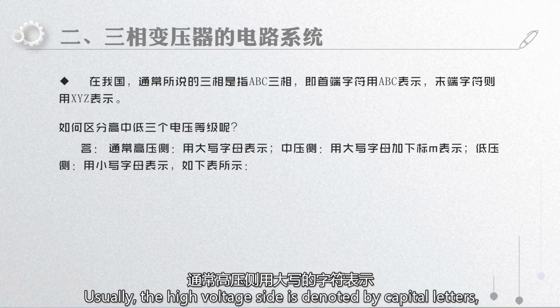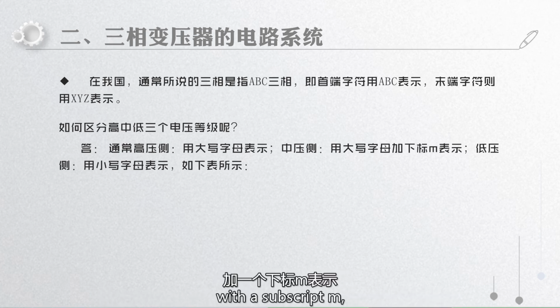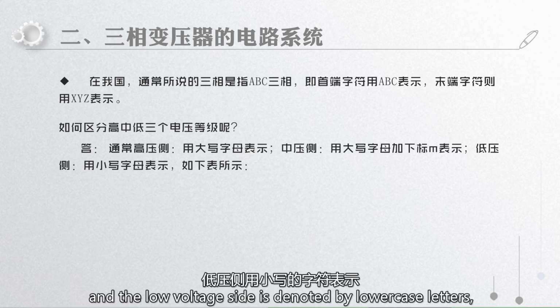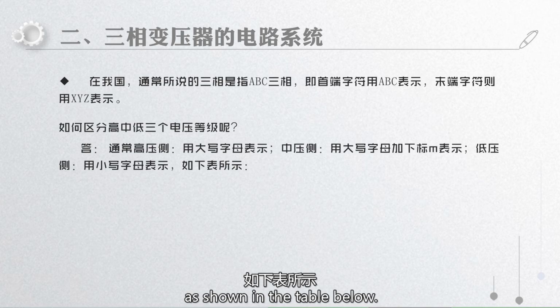Usually, the high voltage side is denoted by capital letters. The medium voltage side is denoted by capital letters with the subscript M, and the low voltage side is denoted by lowercase letters, as shown in the table below.